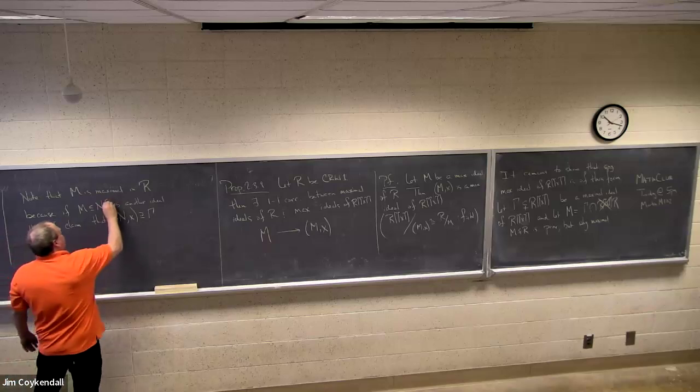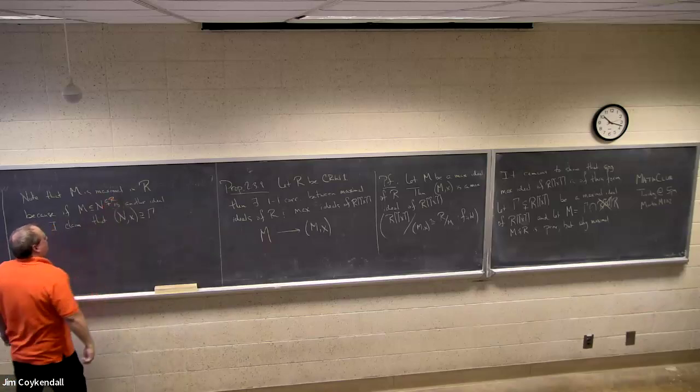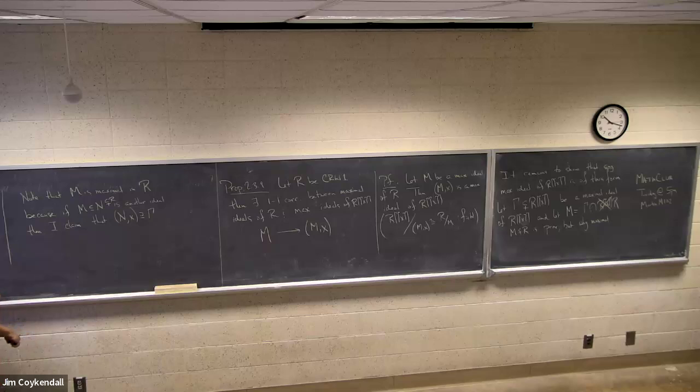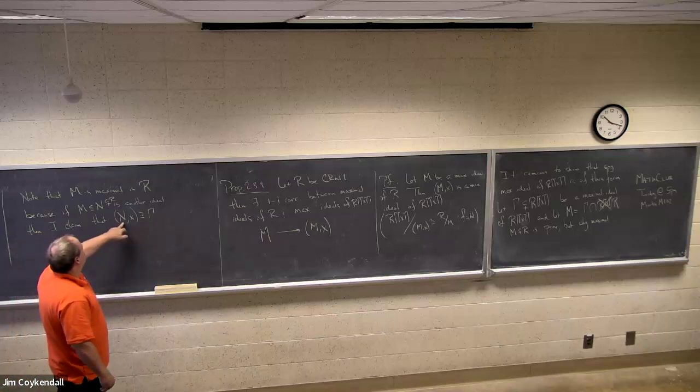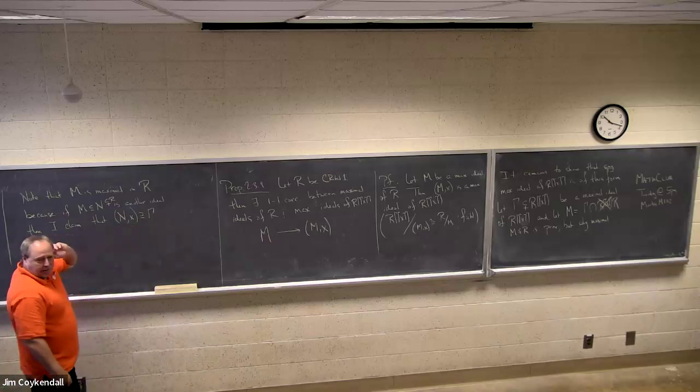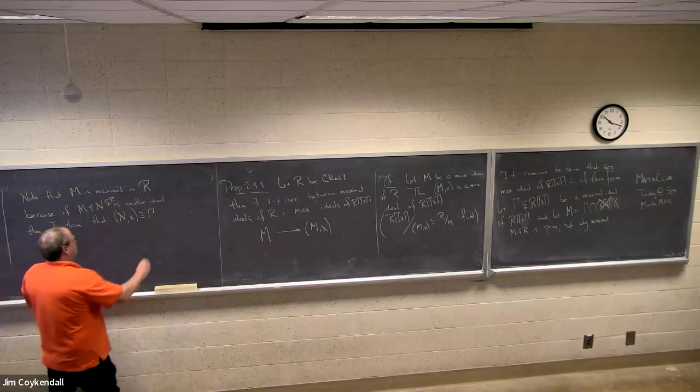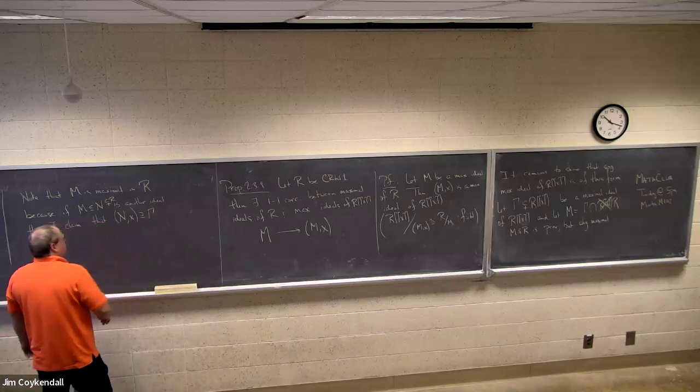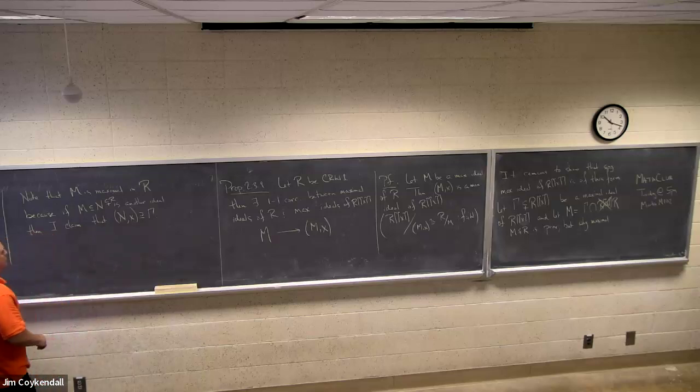Okay, can somebody explain why (N, x) is proper?